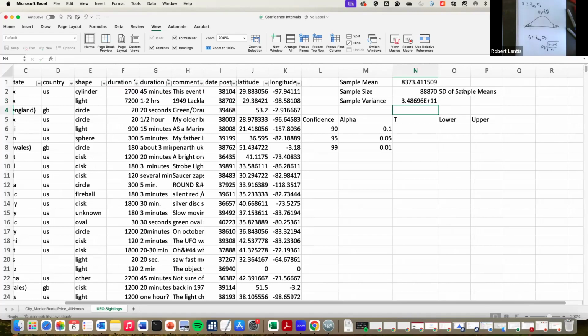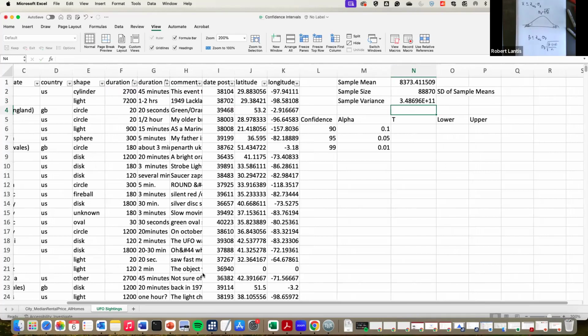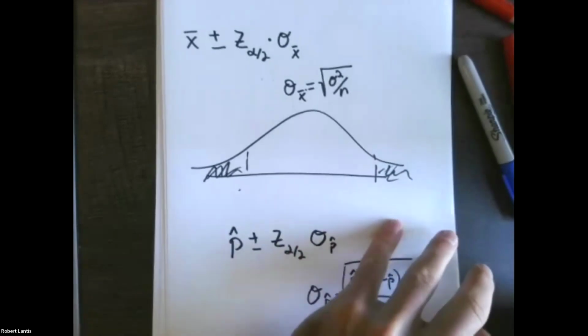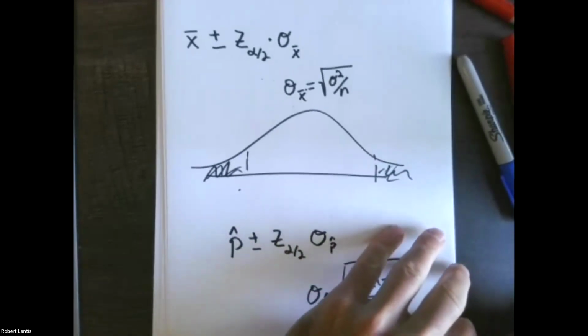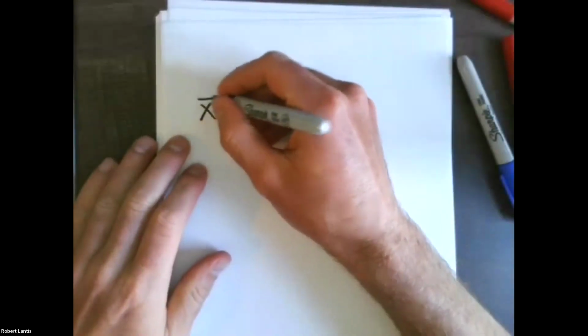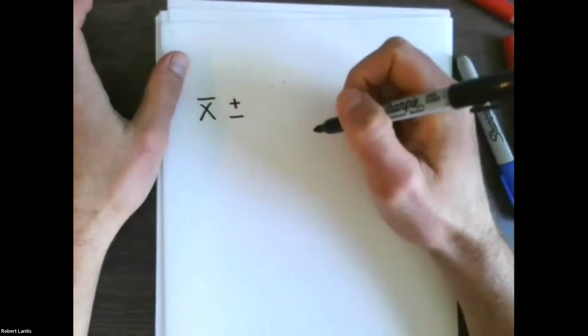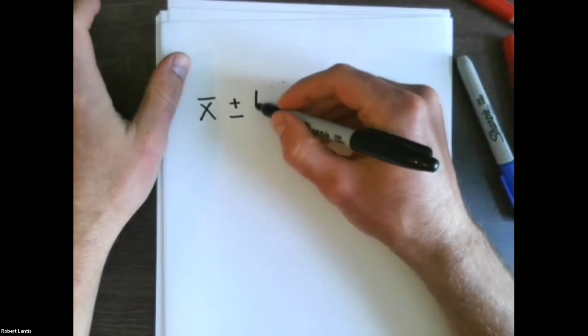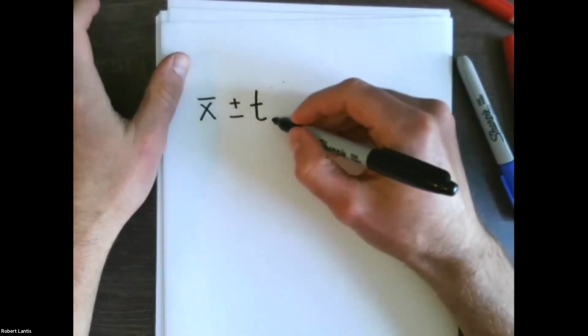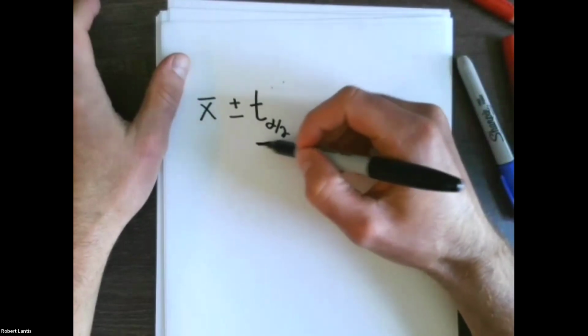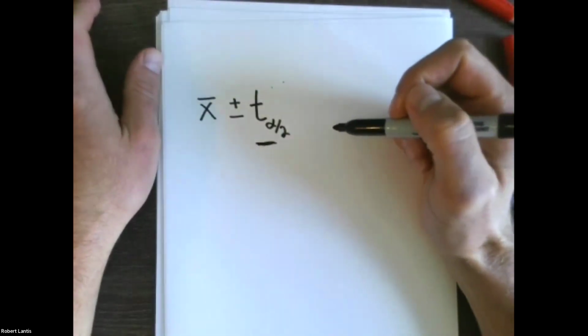So if I'm thinking about the standard deviation of my sample means, what am I now doing when I only have a sample variance and I want to build a confidence interval for the true population mean? I'm still going to build my confidence interval around that sample mean. It's just now I'm going to go a certain number of standard deviations above and below, and the number of standard deviations away I need in order to get half of alpha on each side of my confidence interval, I'm going to have to find that value from the student t distribution.